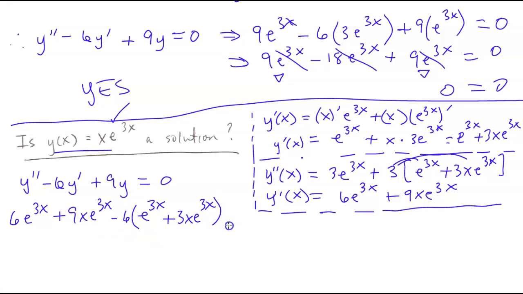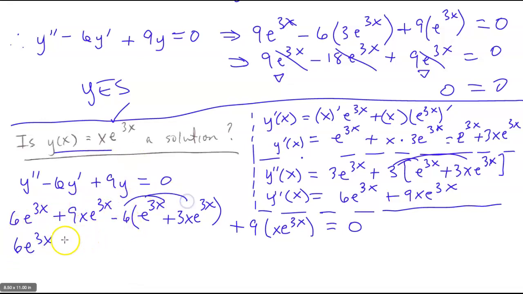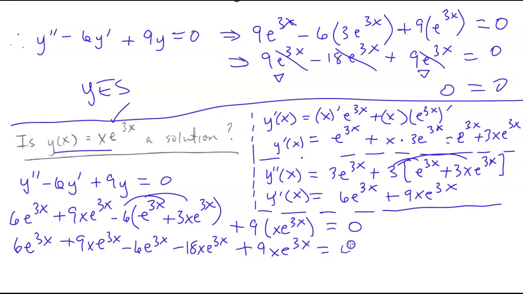And then, I'm going to slide down here, plus 9 times the original function, which is x e raised to the 3x. And all that is equal to 0. So we'll go ahead and distribute here, and I'm just going to get through writing all that down.